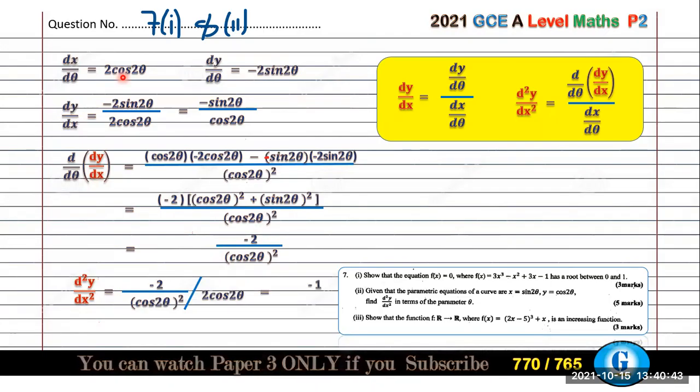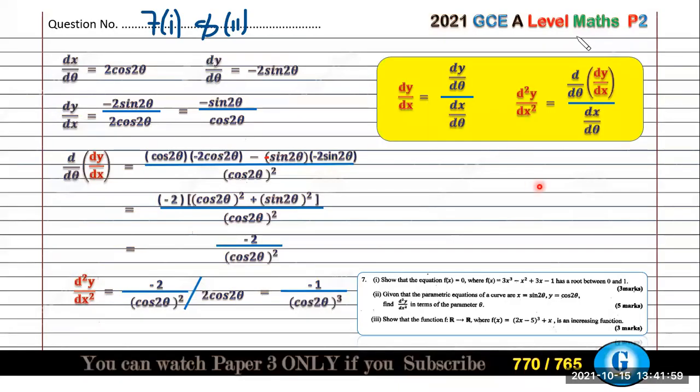And that will give us minus 1 on cos 2 theta to the power 3. So this is the value that we have for this first method. Let us look for another method that we can do the same thing.